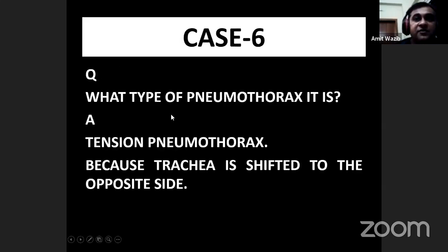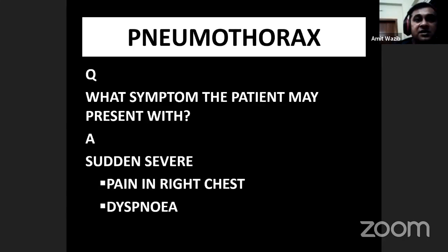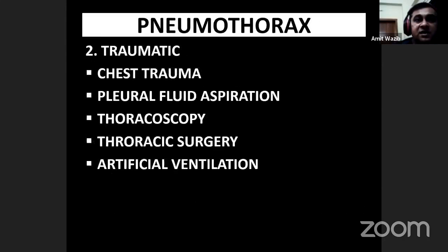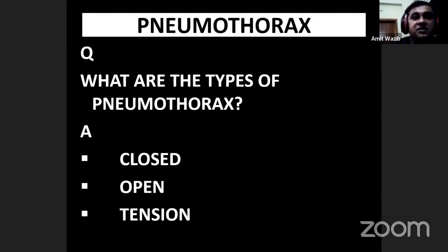So what type of pneumothorax is it? Actually, before that, we have to discuss the types of pneumothorax. In fact, pneumothorax is of three types: closed pneumothorax, open pneumothorax, and tension pneumothorax. In pneumothorax, a pleural cavity is normally devoid of air.